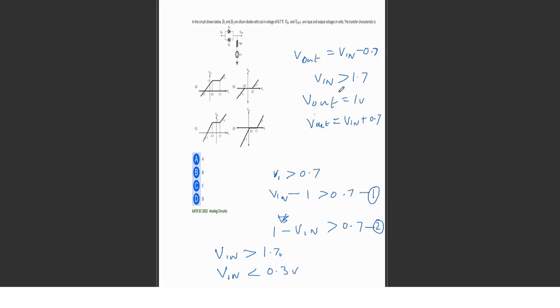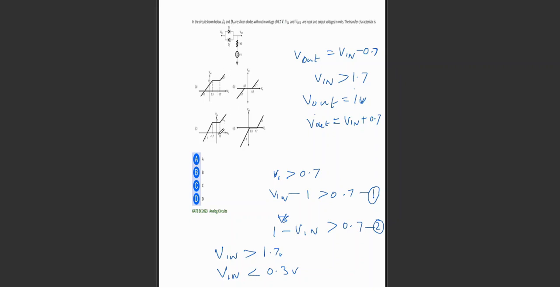So when V in equals 1.7, it will start from 1 volt and it will rise from there. And so at 1.7 it will start and rise from there.